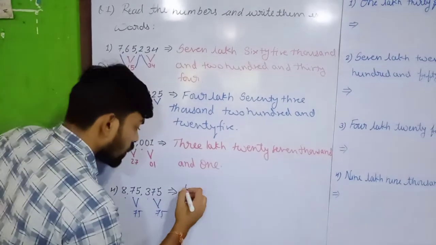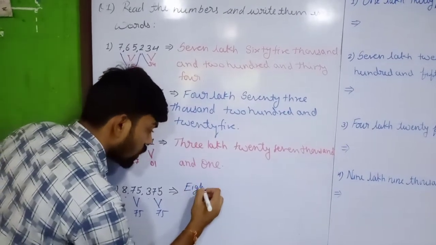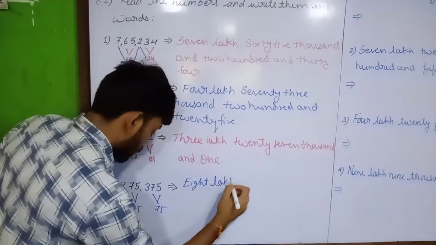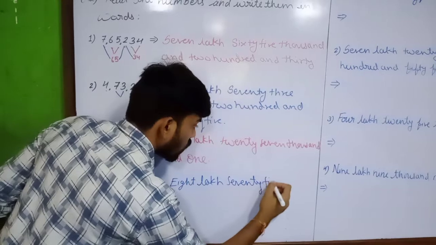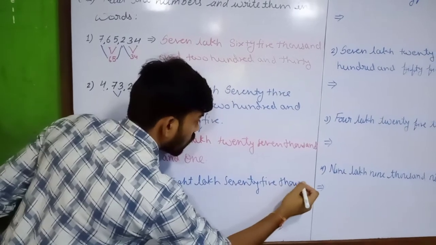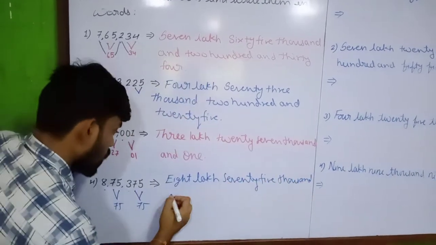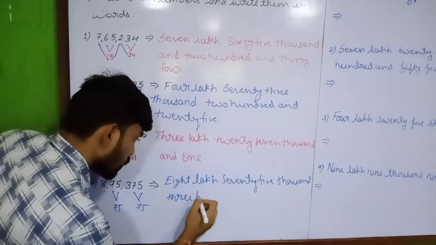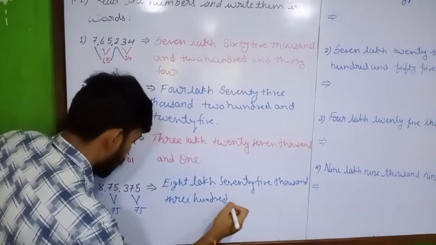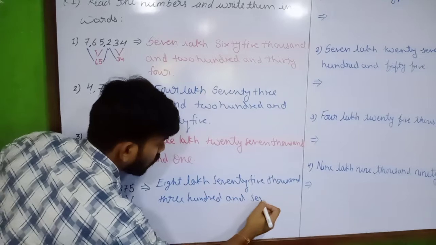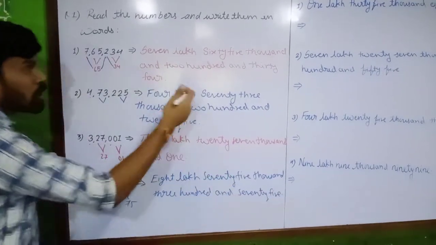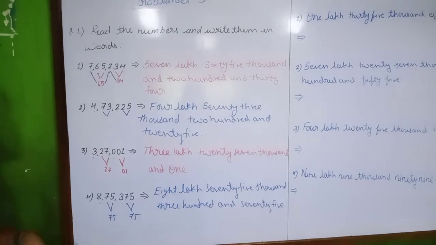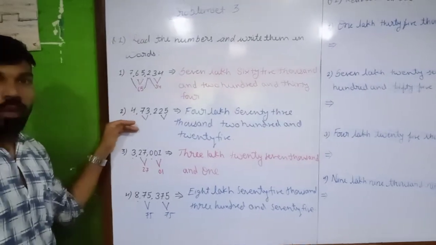We should write 8,75,375. This way we can write the given numbers in words.